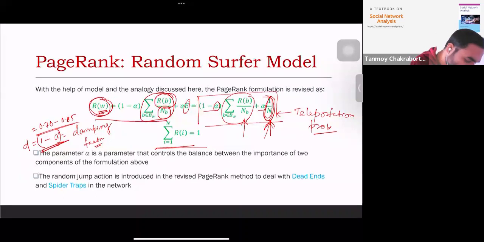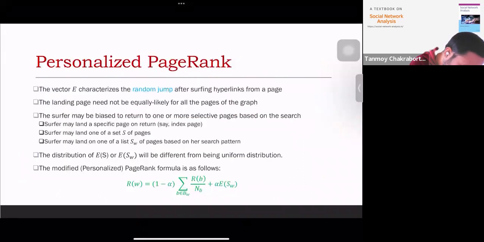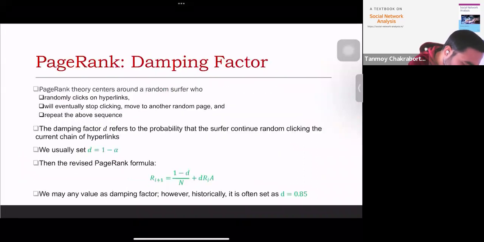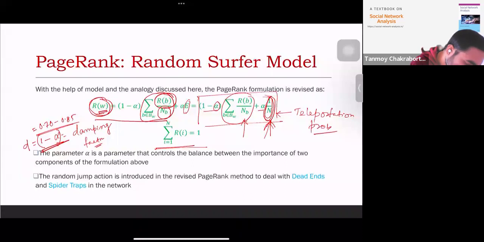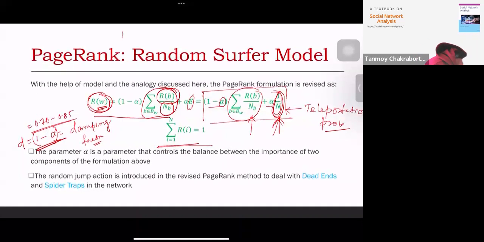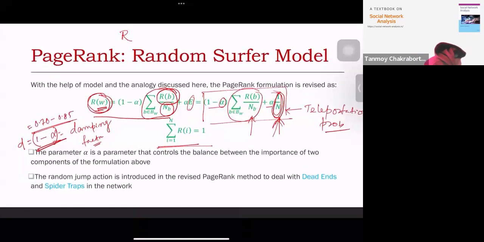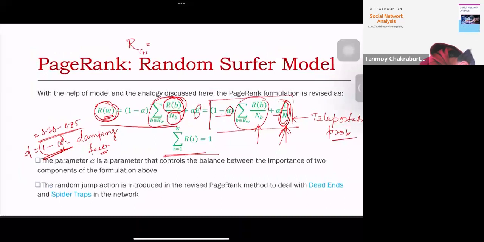So if you write it in matrix form, can someone tell me how you write it in matrix form? You can write it this way: R equals R at iteration i plus 1. What is this component? How do you capture this component?